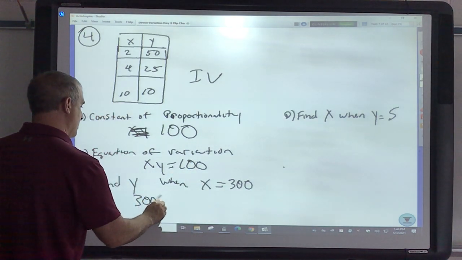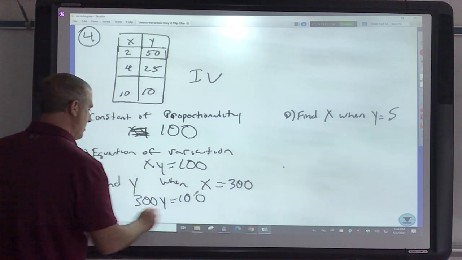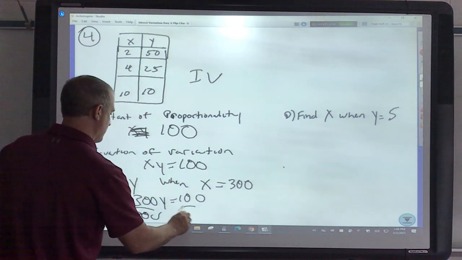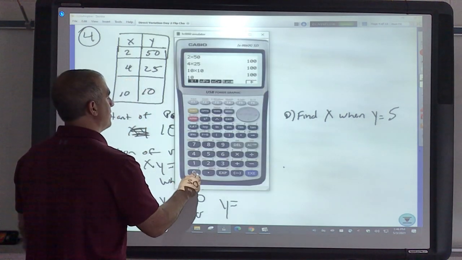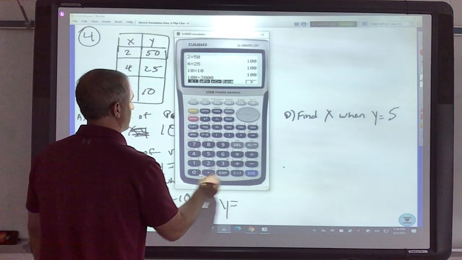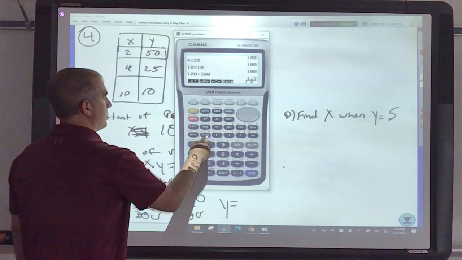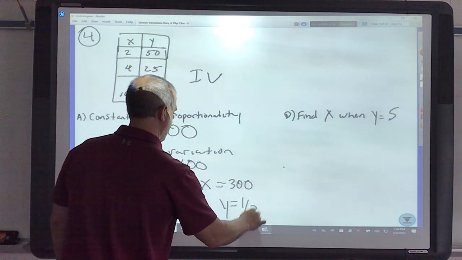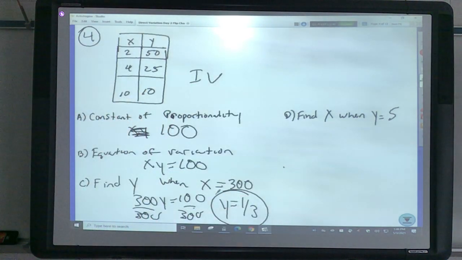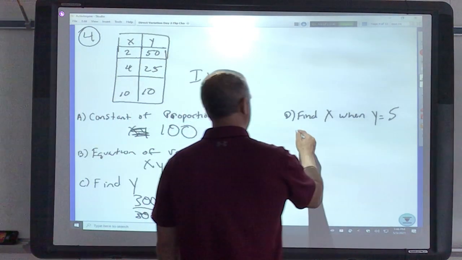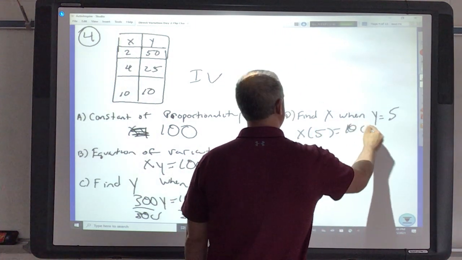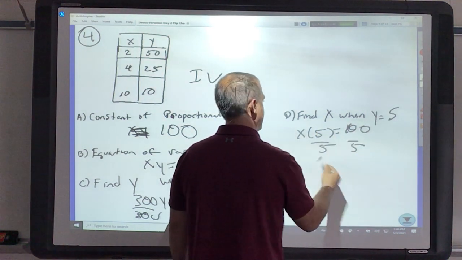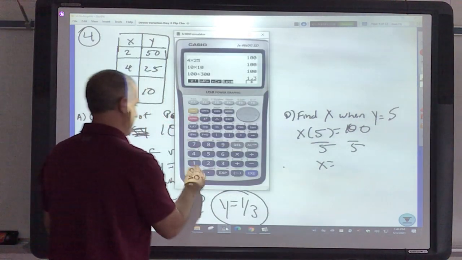So with 300, I would divide by 300 here. So y equals 100 divided by 300, which is a third. Okay, that's simple. Find x when y is 5. So use that equation: with 5 and 100, I would just divide by 5.